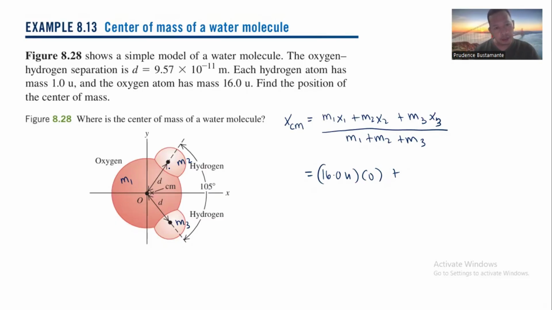If we look at M2 here, along x, if this is d, and if this is 105 divided by 2, so 52.5. So if we look at this one, this is our M2.